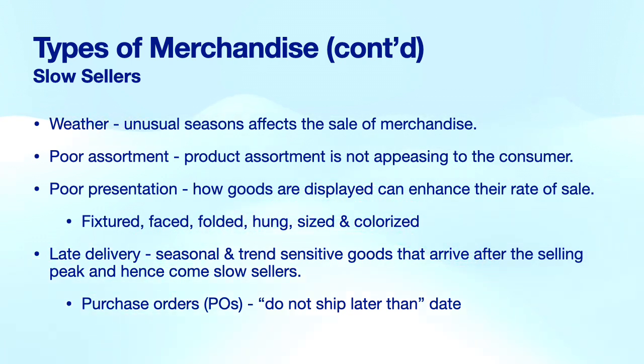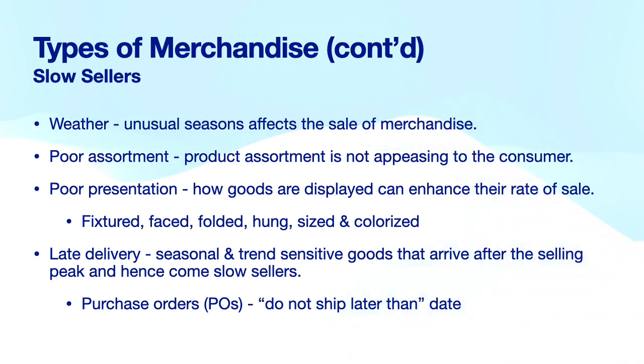Poor presentation. This is how the goods are displayed in the store, which can enhance their rate of sale. But items that are poorly presented may not sell because they're not enticing to the consumers. So it's really important how you present those items on the fixture, how they're faced, how they're folded onto tables or hung, how they're sized and or colorized. Late delivery.